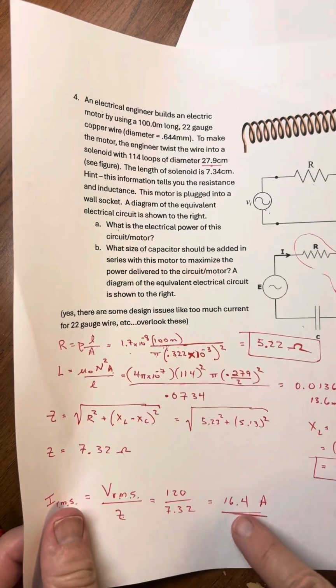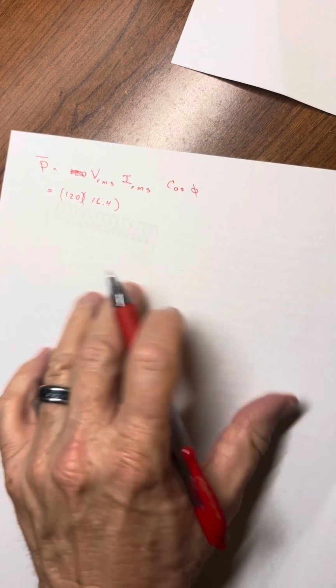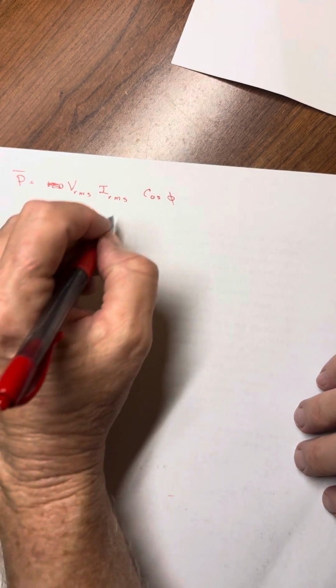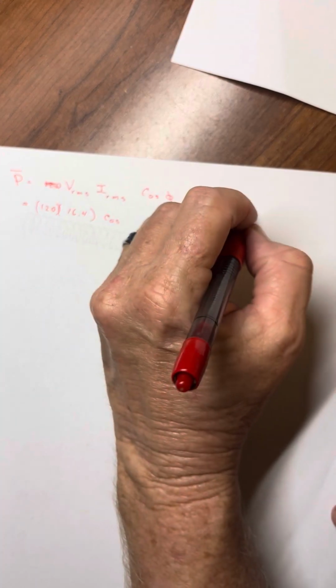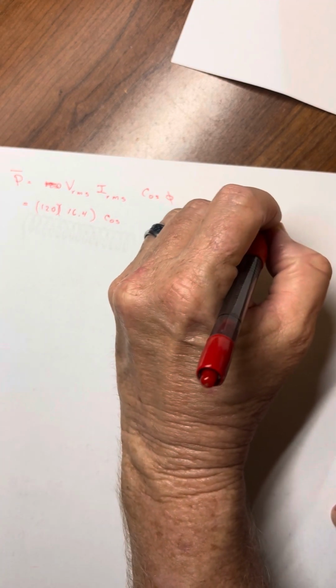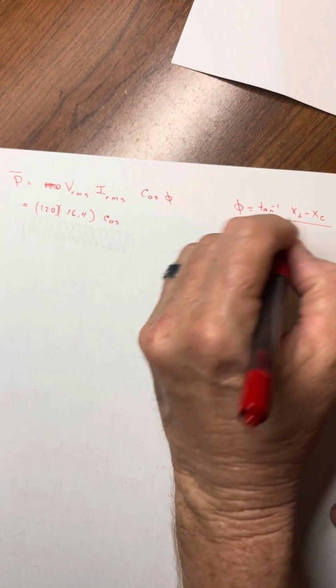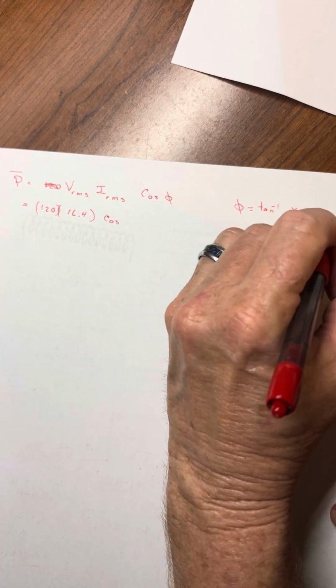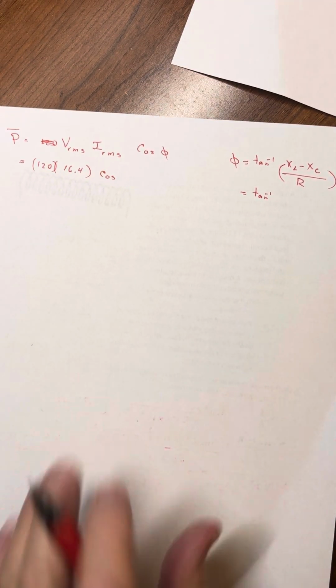The current, what did we say, 16.4 amps here. And then we're going to need cosine of this phase angle. That phase angle is the inverse tangent of the reactance between the inductor and the capacitor over R. At this point, we don't have a capacitor, and maybe now you're beginning to see the advantages of adding a capacitor.